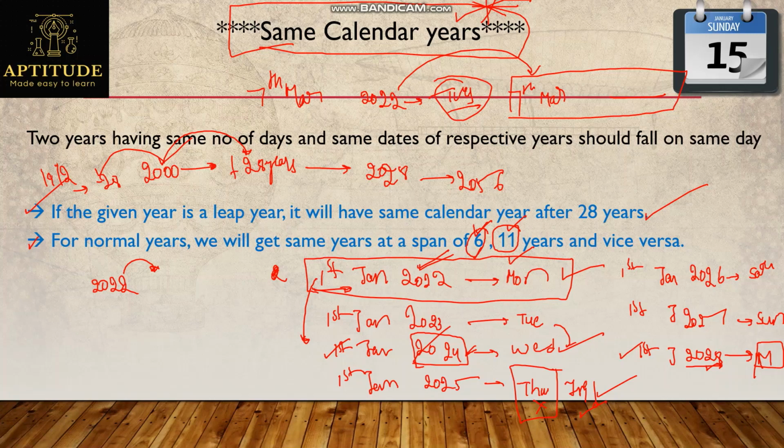As we know, either after 6 years or else after 11 years, the particular year will be falling same. If 2028 is not same as 2022, it is not 6, then obviously it will be 11. Then just add 11 years for 2022. That is 2033. So 2033 will be same as 2022. So like that we can check it.